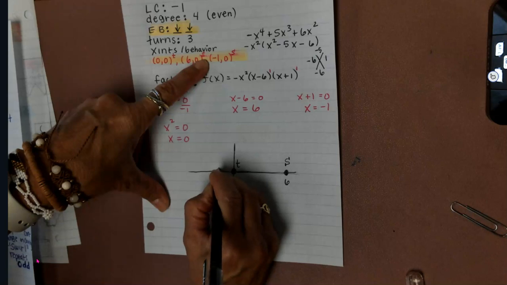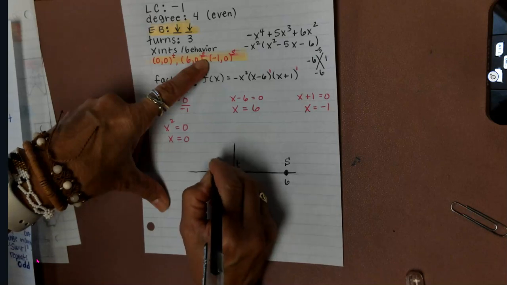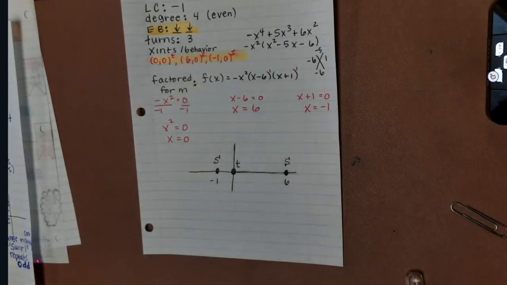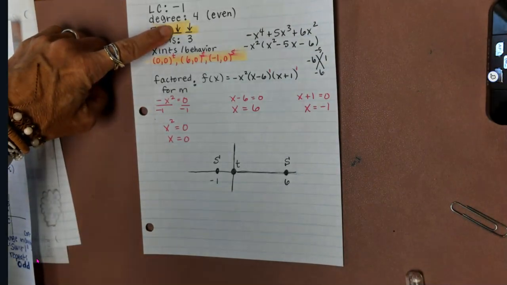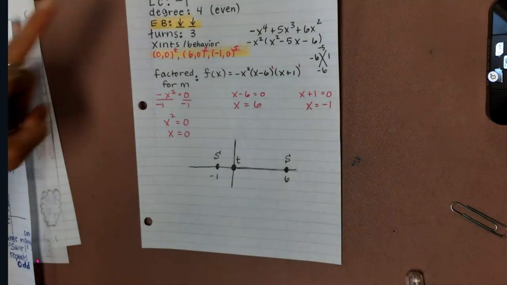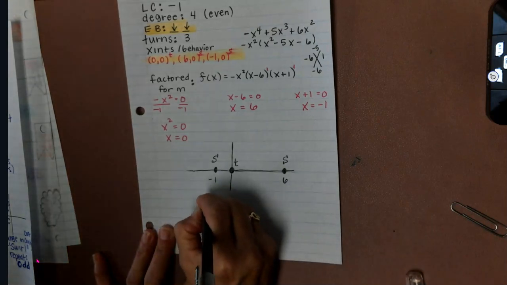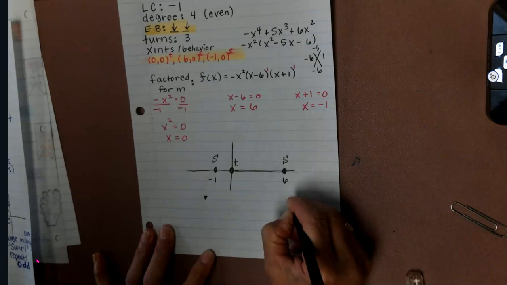And then a -1, and that too is going to go straight through from one side to the other. The next thing I'm going to do is draw my arrows. It's down, down. On both sides of the graph, they go down forever. So it's going to be down here, and it's going to be down here.